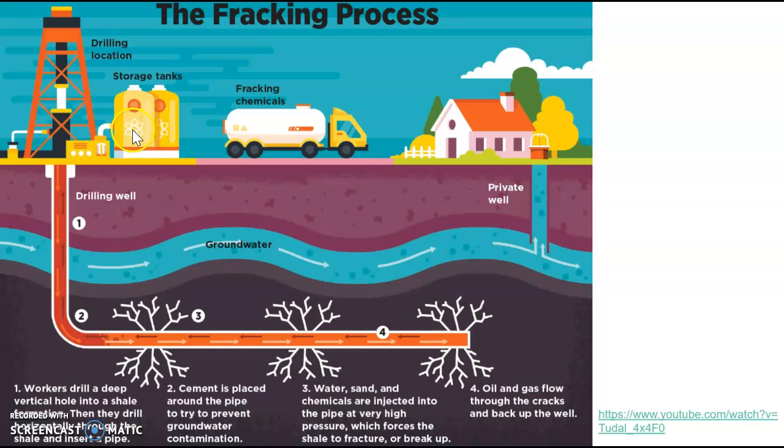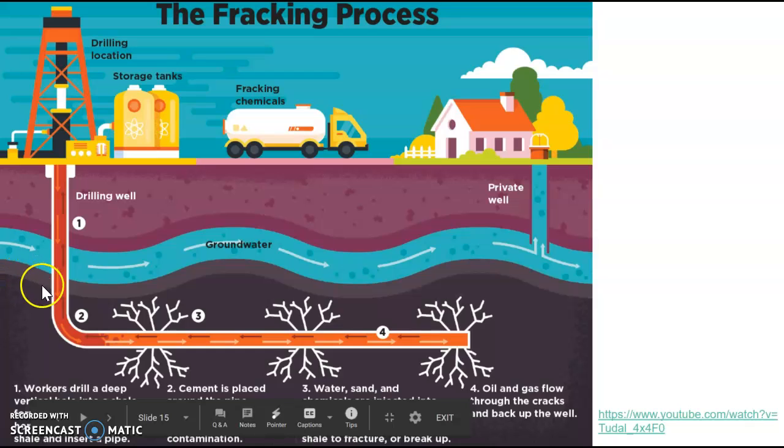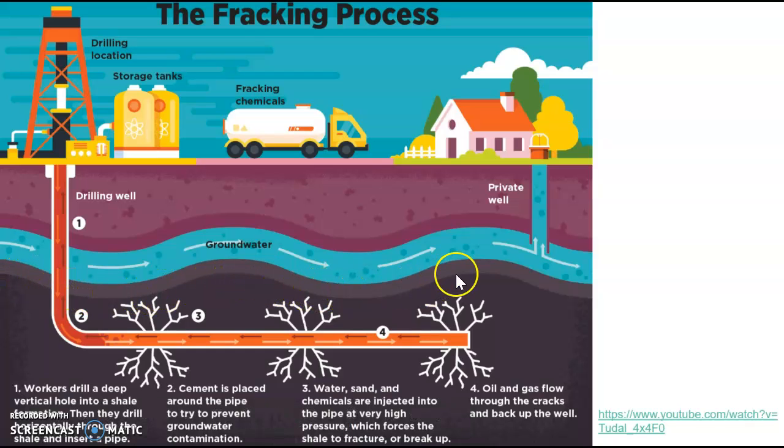They're just using different types of chemicals, and they drill down into the ground and they make this white cement casing, and they drill through the groundwater, below the groundwater. So you have an impermeable layer right here, this gray squiggly one, and that's rock that groundwater cannot go through. So it's like bedrock.